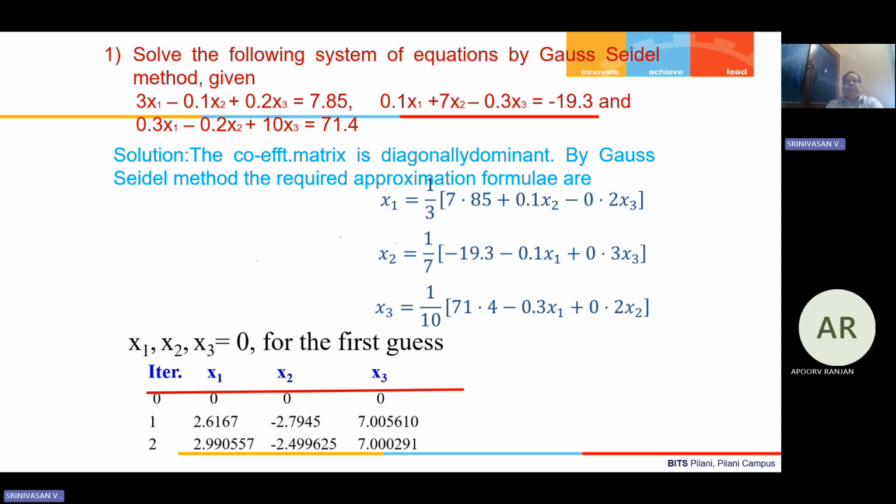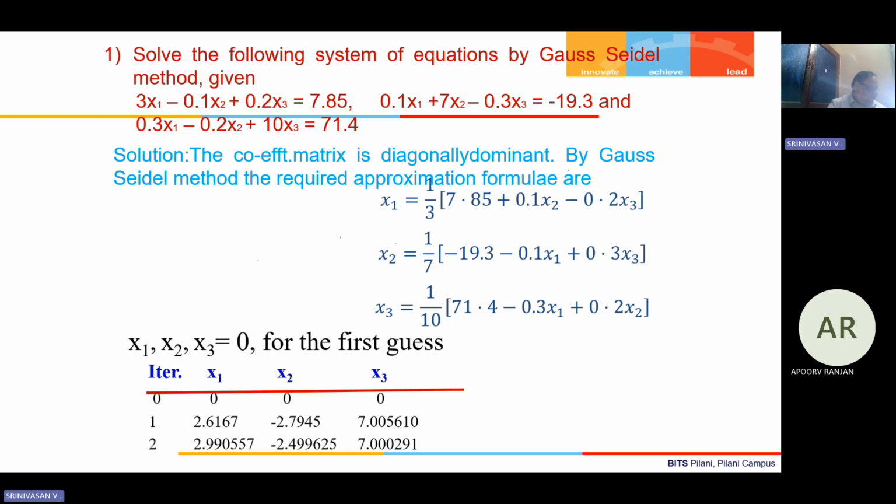That is plus 0.25. Next is 0.2 into 7.14. So you have 9 plus 0.14.